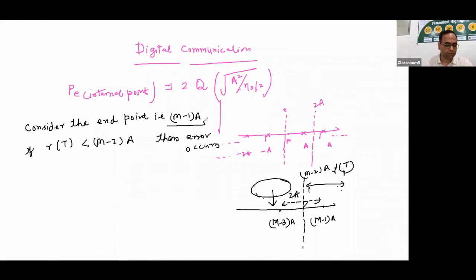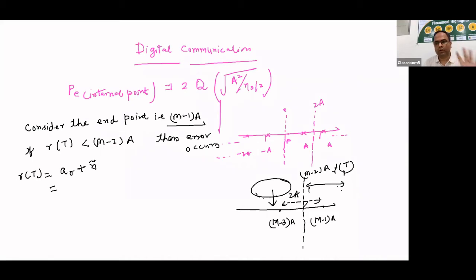Then this is a case of error. So what is the value of RT that we can write down here? We know that RT can be simply written as a naught plus n tilde. This we have done already in the previous lecture. So RT is a naught plus n tilde, and the value of a naught is m minus 1 into a.